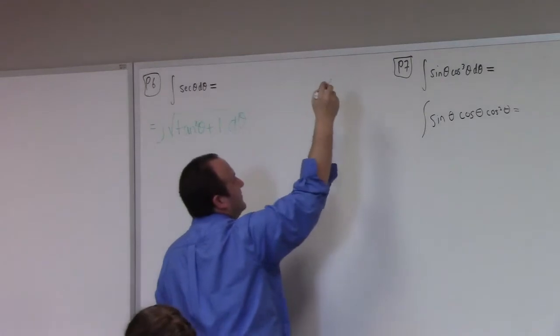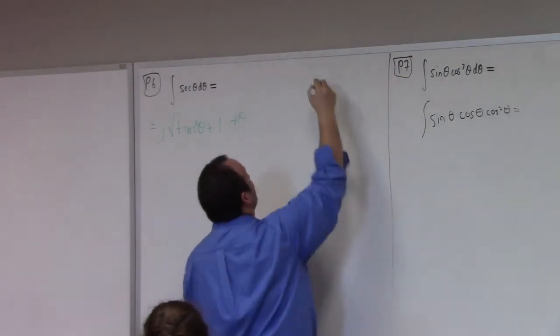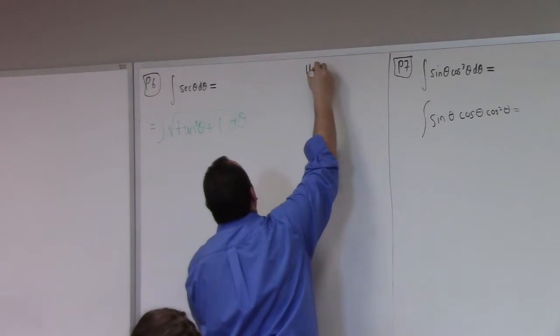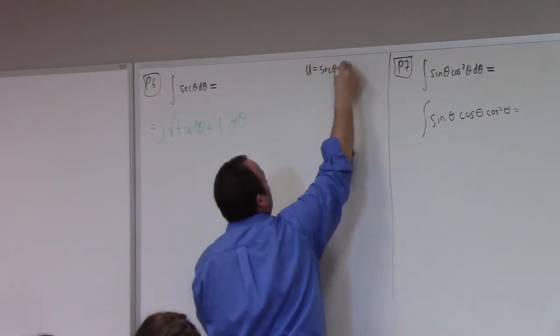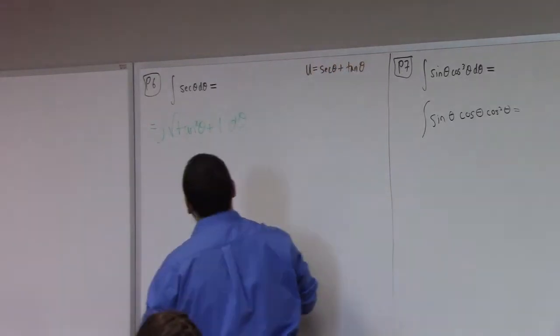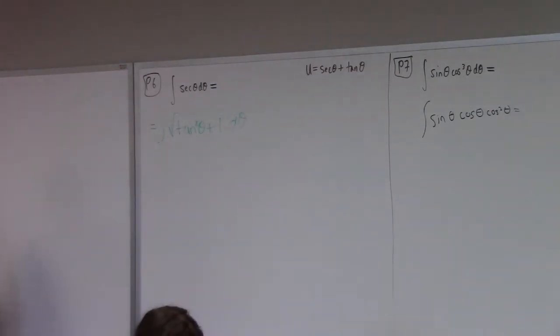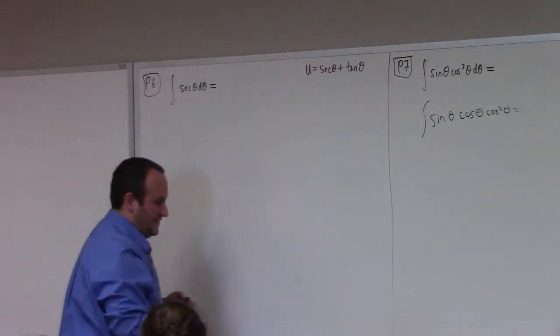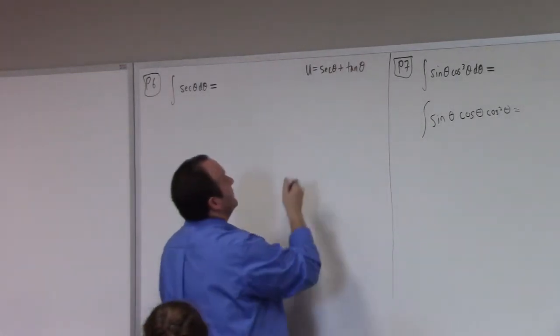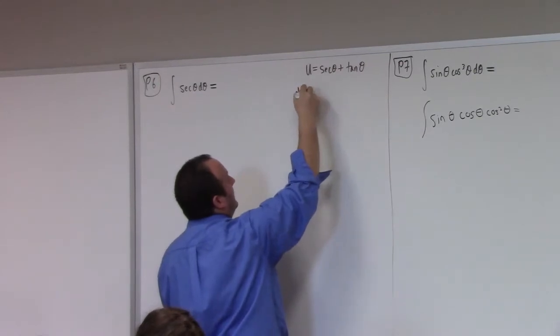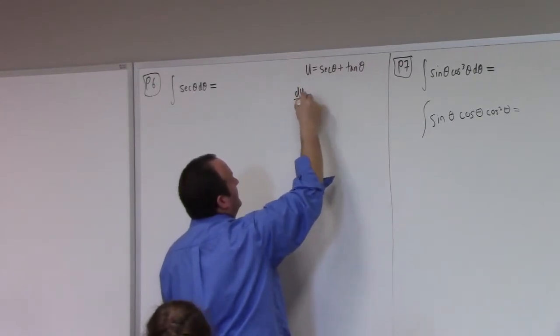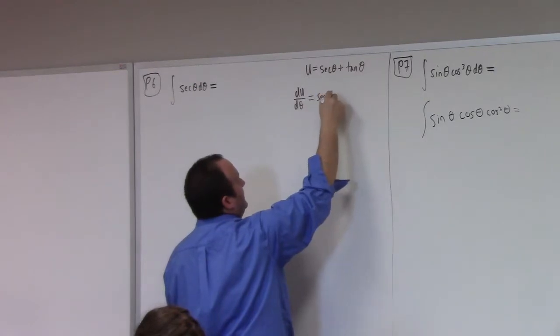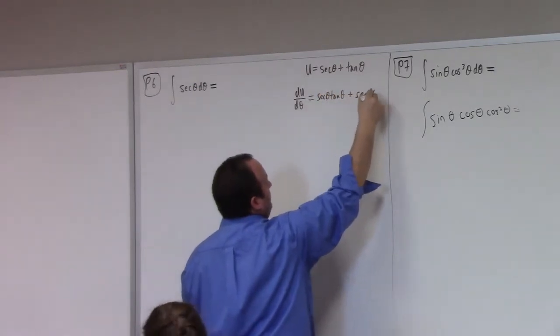So when I think about how to do this, I think, oh well, I'm going to let u equal the secant theta plus the tangent theta. Let u equal secant plus tangent. Now, admittedly, why would you do that, right? Well, let's just chase this rabbit for a second and see where it takes us. What's du? I'll do du d theta. It's secant theta tangent theta plus secant squared theta, right?